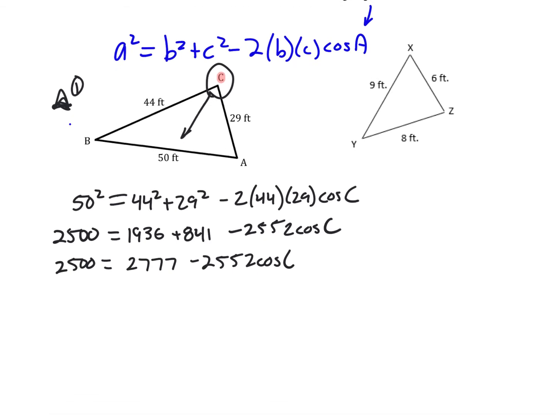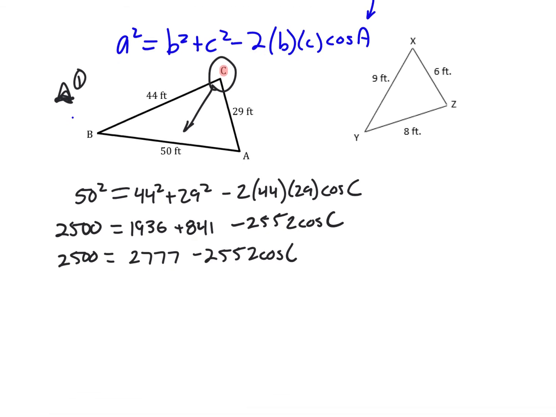Now, here's what I want to pay particular attention to. Some students would try to subtract that. That's not going to be correct. Do not do that, because this 2552 is still attached to cosine C, so I can't do that.